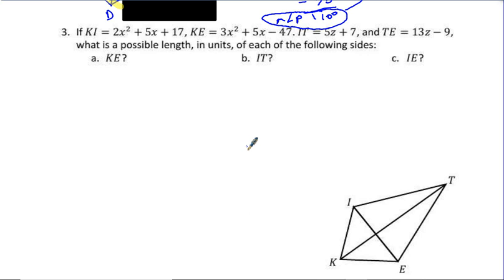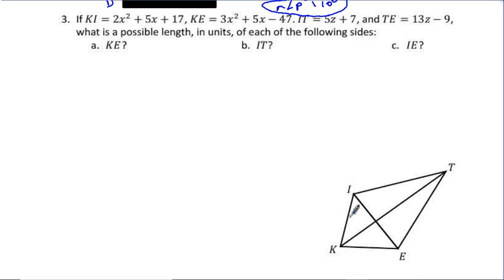Let's put the information that I know on the picture as we go, since this time a picture was drawn. KI, which is going to be equal to KE, equals 2x squared plus 5x plus 17. KE equals 3x squared plus 5x minus 47.